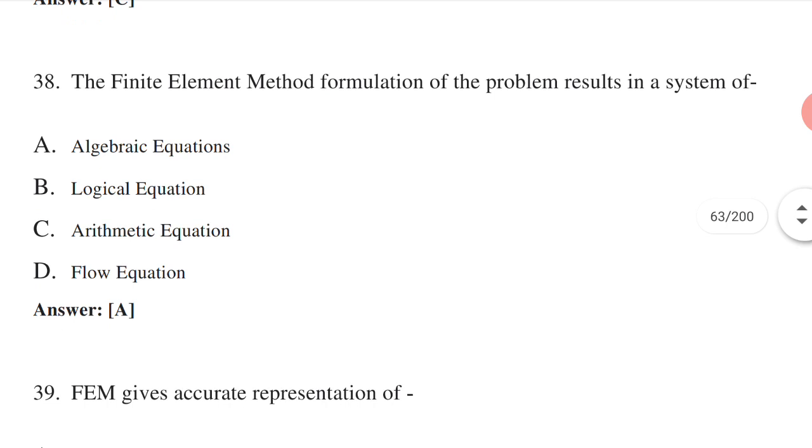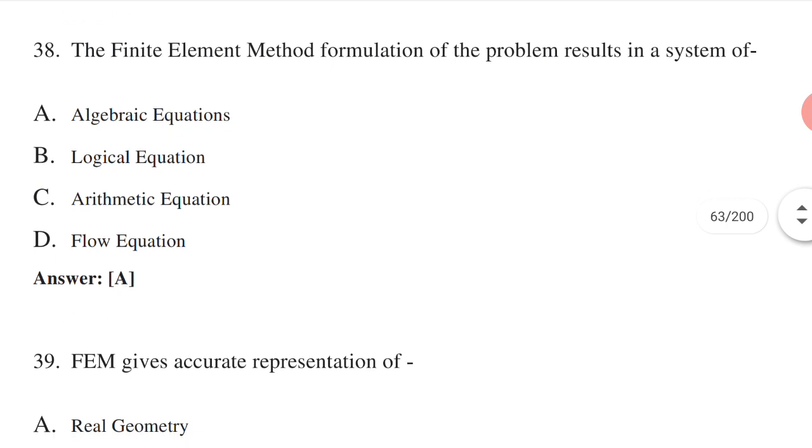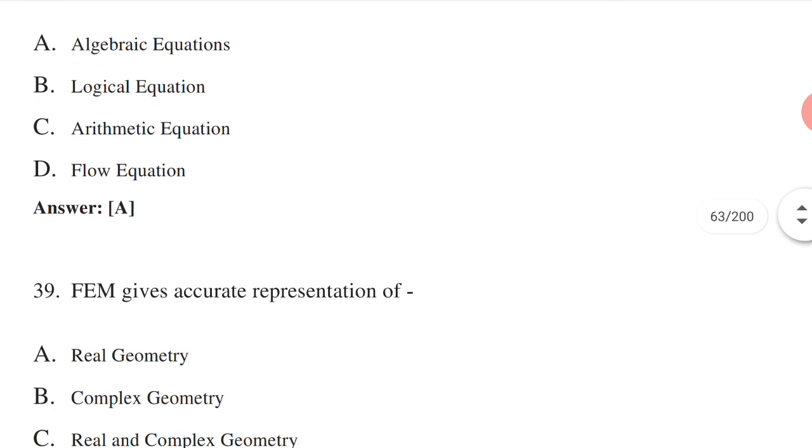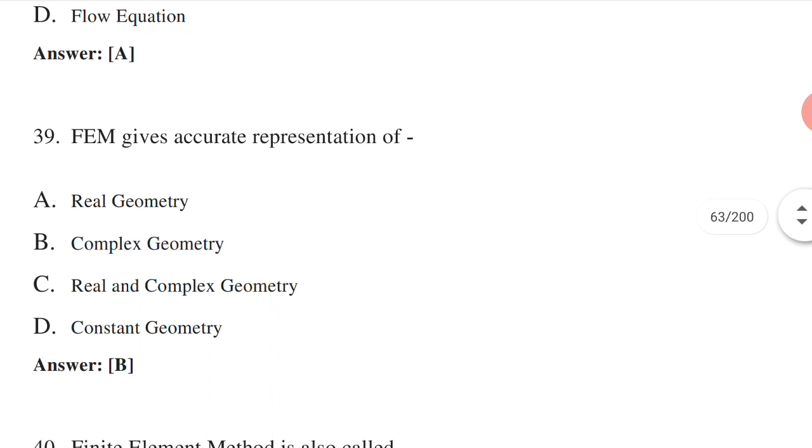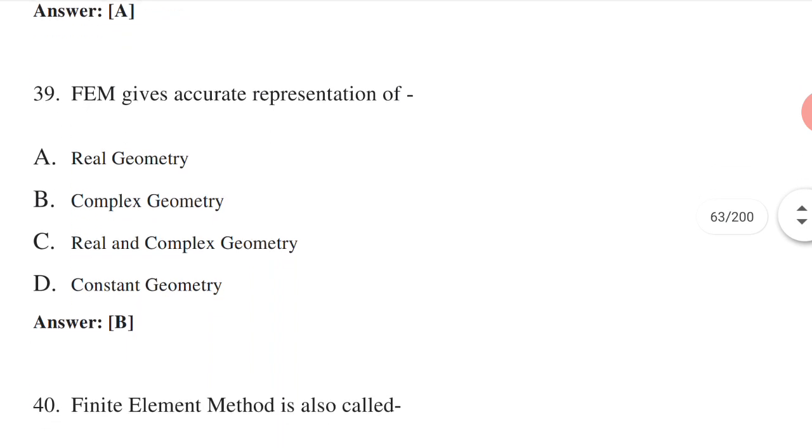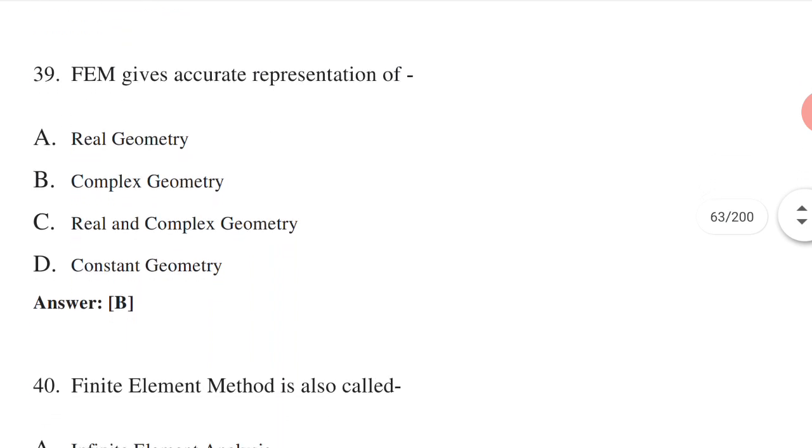Then next question is, the finite element method formulation of the problem results in system of. So, any finite element method formulation of a problem results in algebraic equations, because at the solution phase we solve these algebraic equations. So, the answer is undoubtedly A. Then next question is, FEM gives accurate representation of.